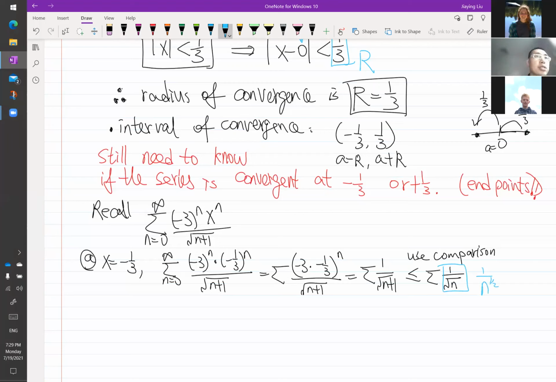We can use the p-series test to find out that that's actually divergent. Oh, you know what? I'm messing up, didn't I? I messed up, sorry. Because that's not helping us. The bigger one is divergent, it doesn't help us. Sorry about that.